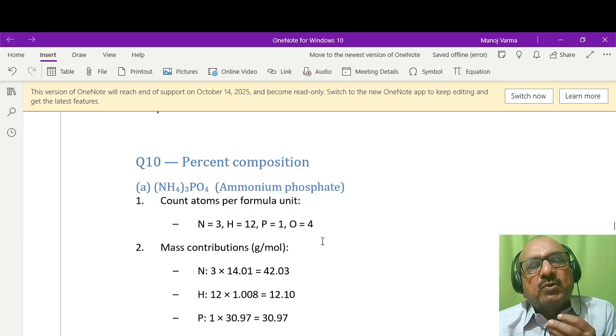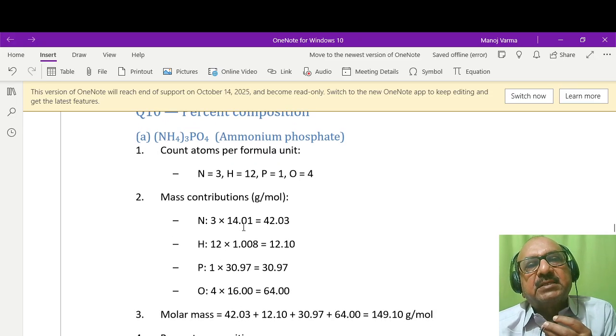Now you need to know the atomic masses of these various elements, which you can find out from the periodic table. Nitrogen is 14.01 to 2 decimal places. Here hydrogen is 1.008 to 3 decimal places. You can take it as 1.01. Phosphorus is 13.97 and oxygen is 16.